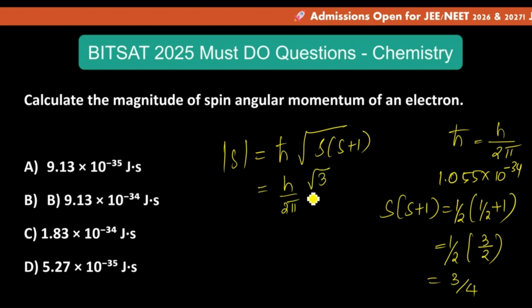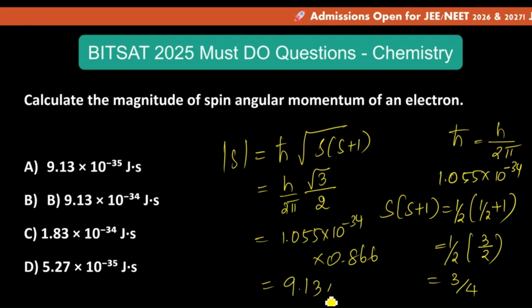I'm just maintaining root 3 by 2. So 1.055 into 10 to the power minus 34 into root 3 by 4, that is 0.866, which is equal to 9.13 into 10 to the power minus 34.